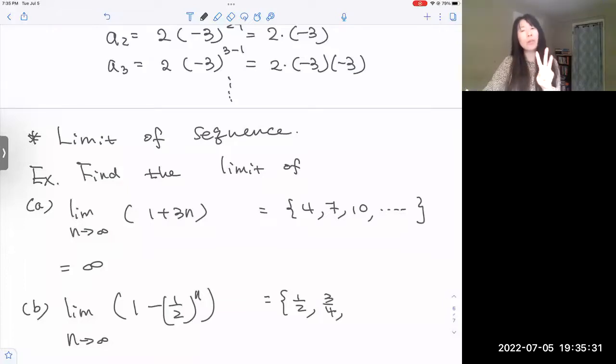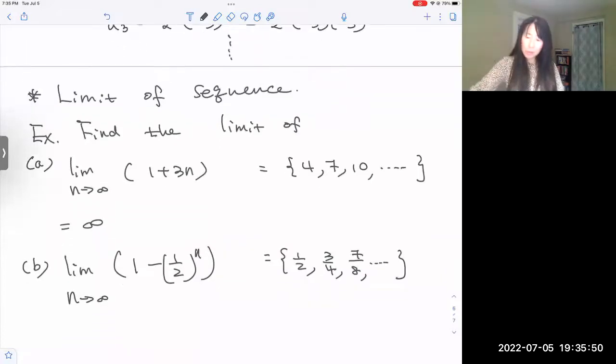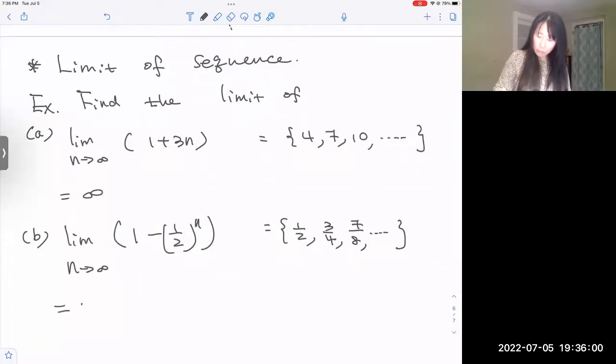When n equal to 3, what do you get? 7 over 8, good. And so on, all right? So what do you think about this one? It's 0. Oh no, 1. Yeah, it's a 1, okay? Why? Because this term is getting smaller, so it's going to 0, so the whole thing is going to 1. Very good.